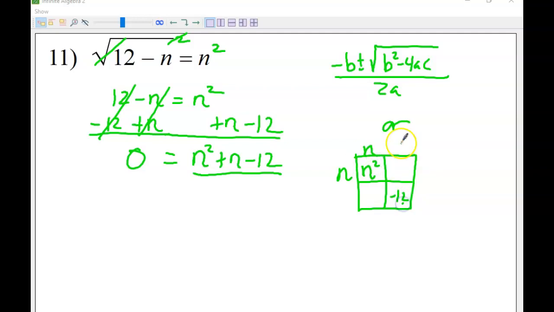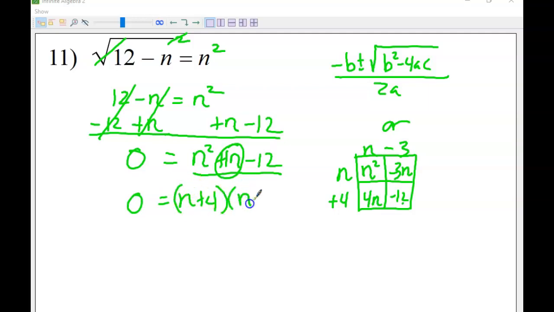And then what makes 12 would be 3 and 4. Now I know I need to get a positive 1n in the middle, so that means the 4 needs to be positive, and the 3 needs to be negative. And so I end up with n plus 4 times n minus 3.